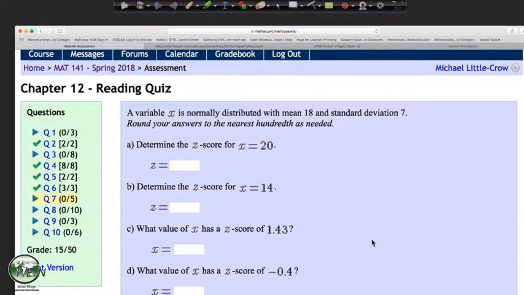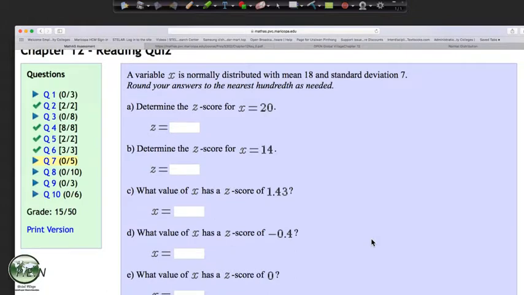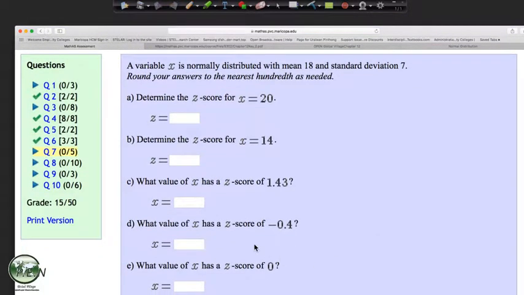These have us calculating some standard scores, so we'll do a few of these, especially these at the end, because we'll do the algebra. These ones that give us a z-score, they want us to get the x value. We'll do the algebra so that you actually will have 2 formulas, so you don't have to do the algebra each time. Okay, so for the top ones, what's our formula?